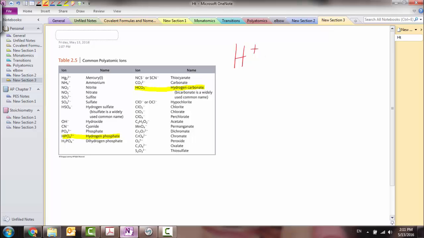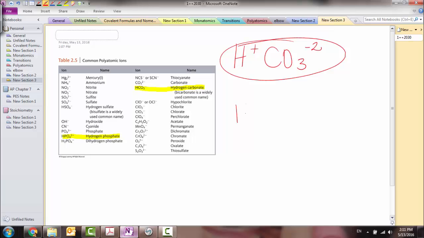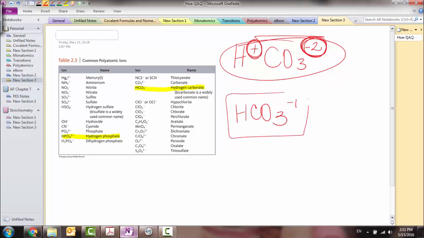So hydrogen carbonate is literally like you're taking the hydrogen ion and the carbonate ion, which is CO3 minus 2, and adding it all together. So the atoms are HCO3, and the charges are that positive and that minus 2. So the overall charge is -1. So this is hydrogen carbonate. You're literally just adding on that positive hydrogen. So it adds a hydrogen to the front of the formula, and the charge goes up by 1.